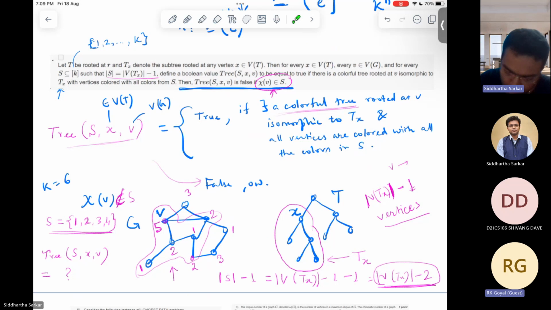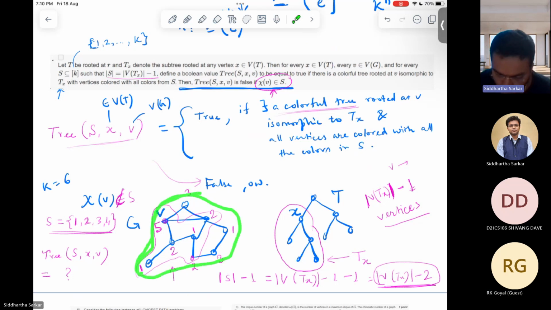Now you define S to be one less than the number of vertices in this subtree. And now it is not known what the coloring of the graph is, whether it is using only modest colors or more than modest colors.